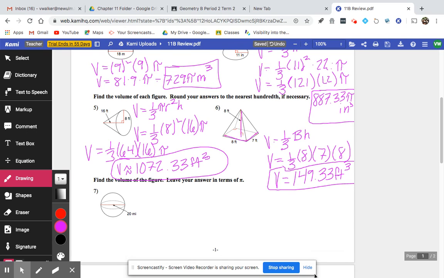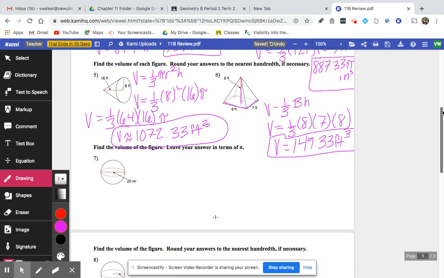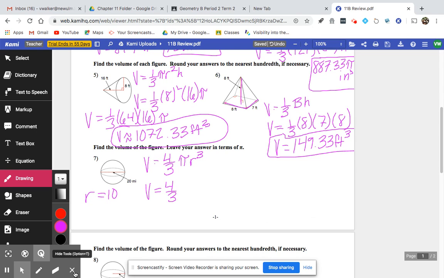Here we go. Last one, number 7. Find the volume. Leave your answer in terms of pi. Here we have a sphere. The volume of a sphere, kind of that wonky looking formula again. So we got 4/3 pi r cubed. That's the volume of a sphere. So we got 4/3. Here my radius needs to be 10. They give me the diameter of that sphere, which is 20.